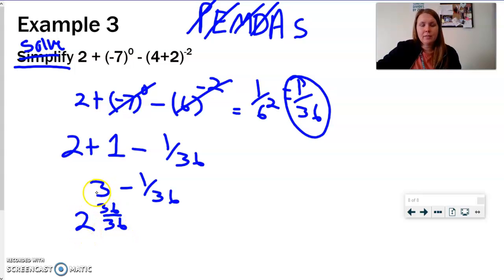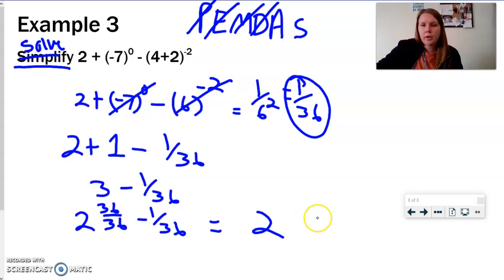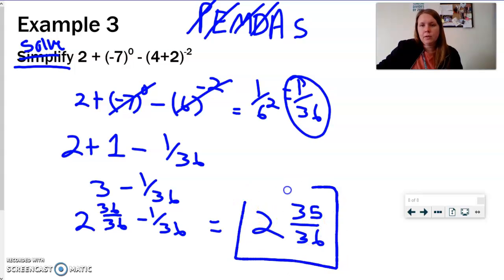Add them together, they make 3. So I could set it up like this and then subtract the 1/36. The whole number still stays as 2. I just take 36 minus 1, which is 35, and the denominator stays the same on the bottom of 36. And that would be my solution for this problem.